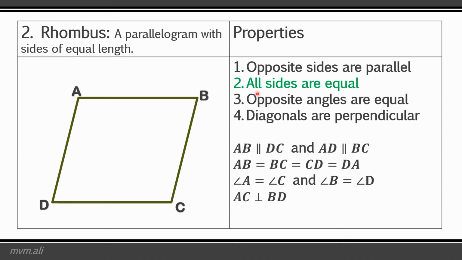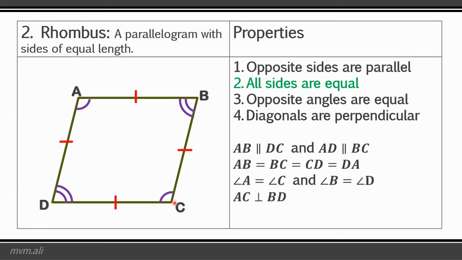Then what is the second property? That is a special condition for a rhombus: all sides are equal. AB is equal to BC equal to CD equal to DA. Then opposite angles are equal, same as we discussed in the case of a parallelogram.